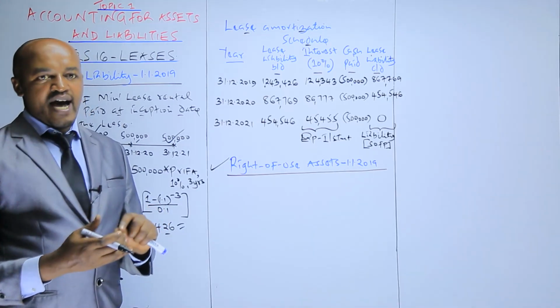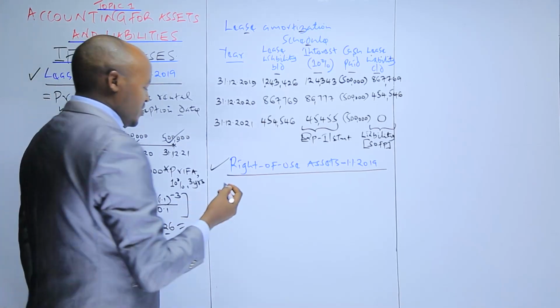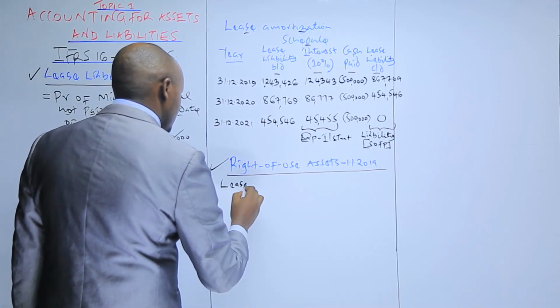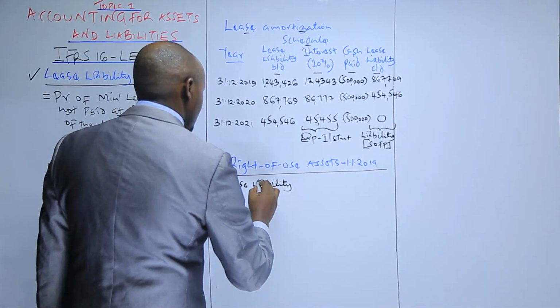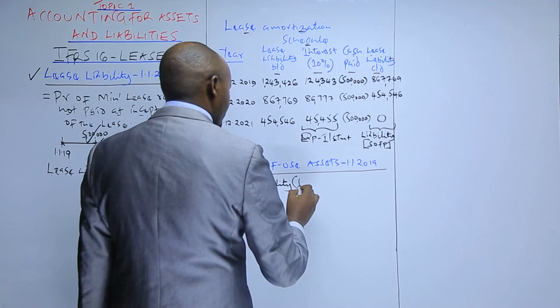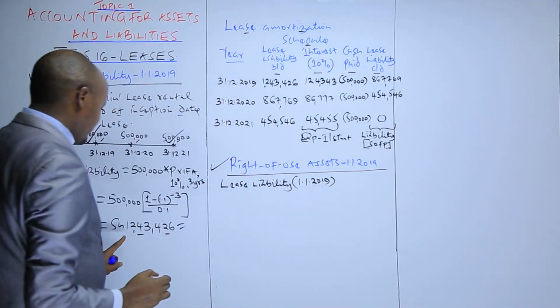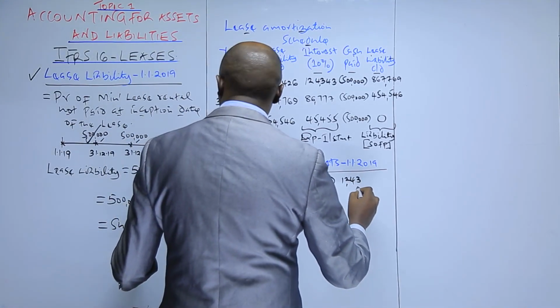Plus, also we add what we refer as any initial direct cost associated with the lease. So, therefore, what we do here, we take the lease liability at the inception date of the lease, that is on 1st of January 2019, and we already have that figure here, which is 1,243,426.